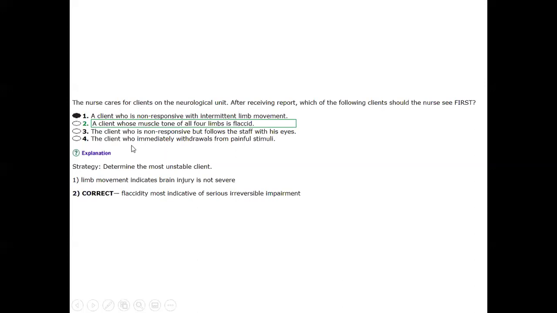So here they said a client whose muscle tone of all limbs, superior extremity, lower extremity, 2 hands, 2 feet, is flaccid.